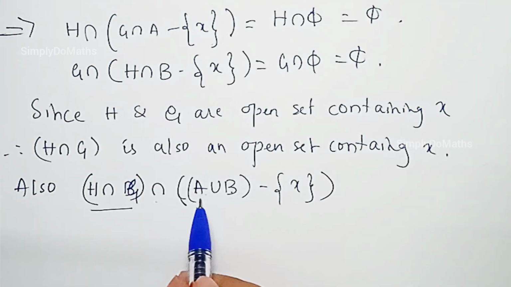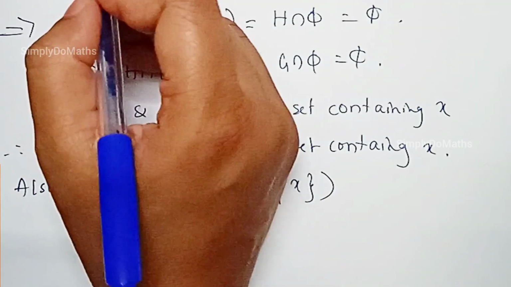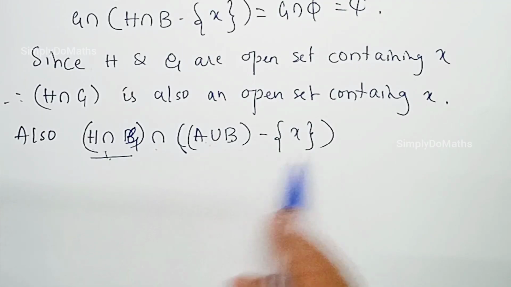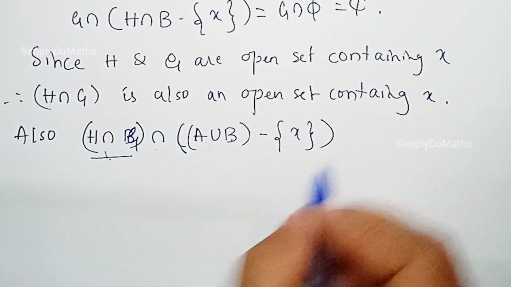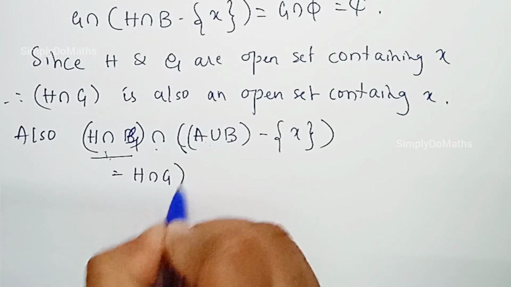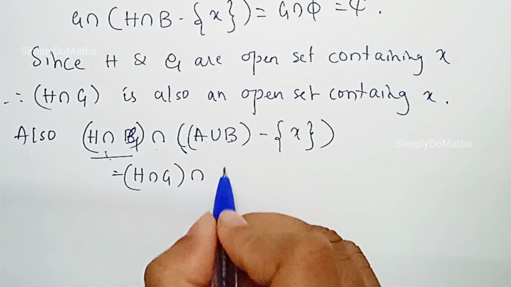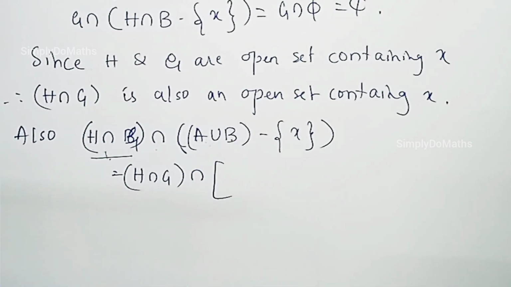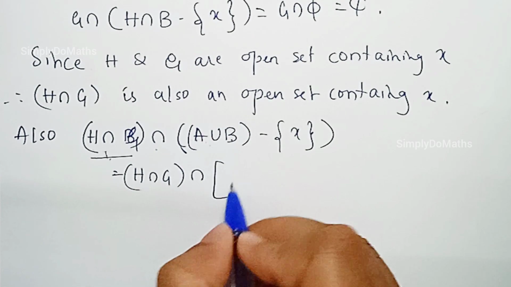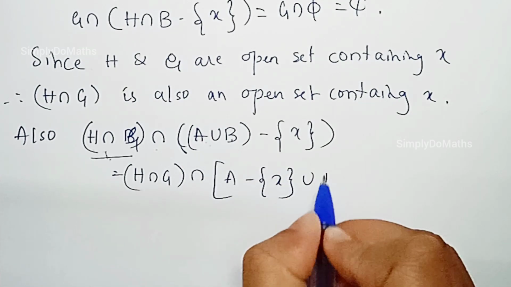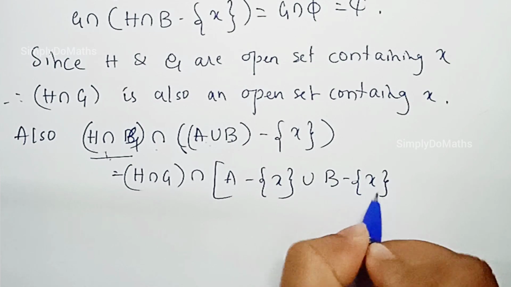So instead of A we need A union B. Instead of G we need the open set H intersection G, combining these two. Now let's simplify all these things: H intersection G intersection (A union B minus singleton set X). I'm splitting this: (A minus singleton set X) union (B minus singleton set X).